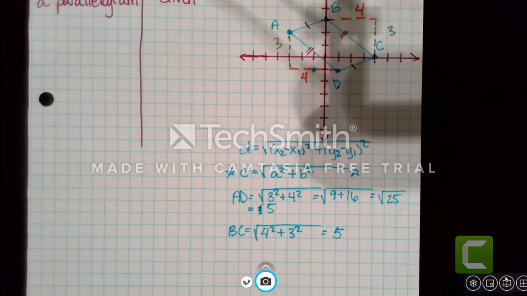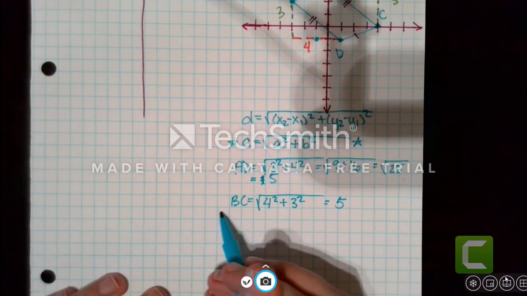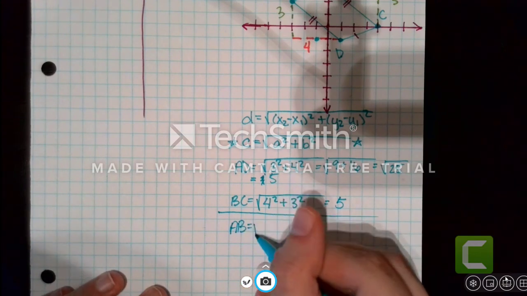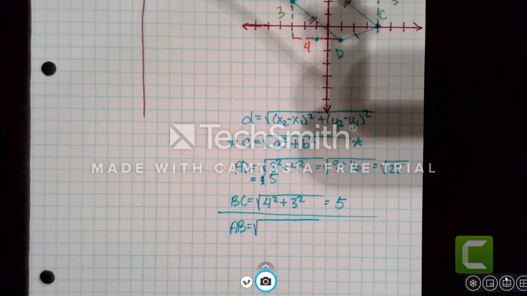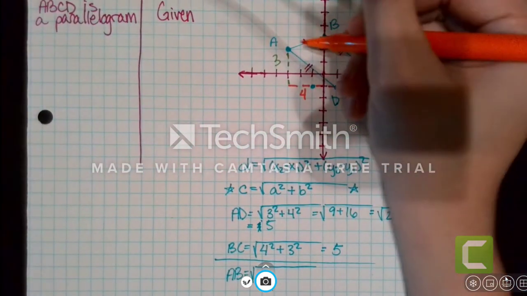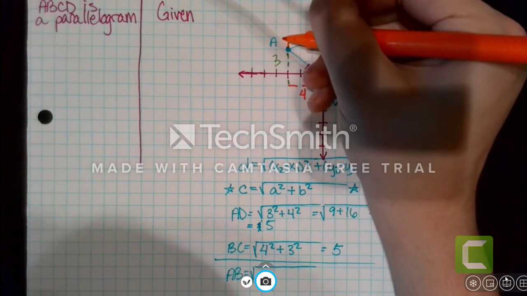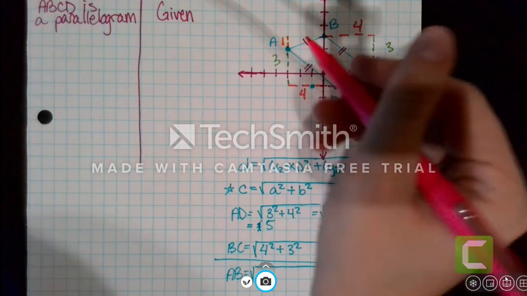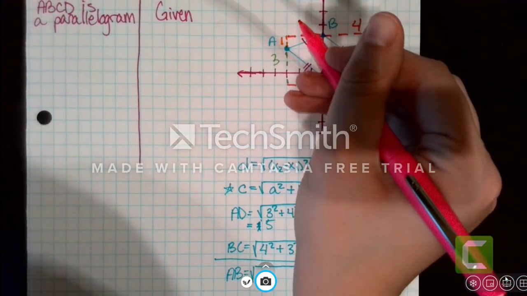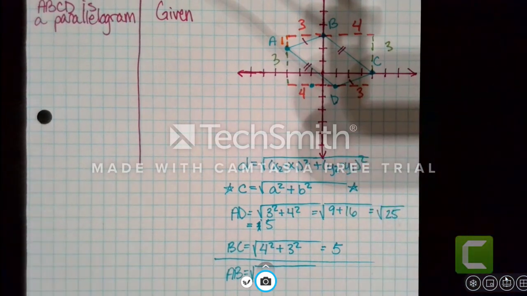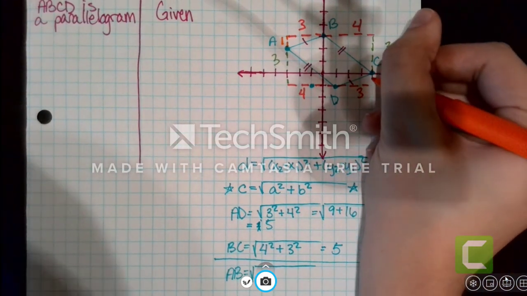Now let's do it for AB is equal to CD. So for AB, we need to find our horizontal length and our vertical length. And for AB, we have a vertical length of exactly 1, and we have a horizontal of about 3. And again, another horizontal of 3 and a vertical of 1 for the other side.